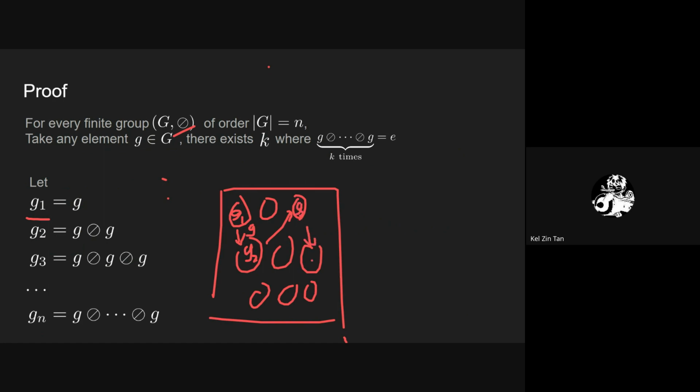And then you realize that after a certain number of times, you will cycle back to one element, because you have only n elements here. Say this is a group of size 9. No matter how you jump, if I do this operation for 100 times, there must be a time where I have to jump back to an element that I have encountered before, essentially forming a cycle.